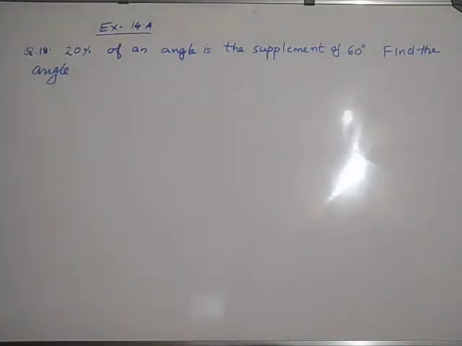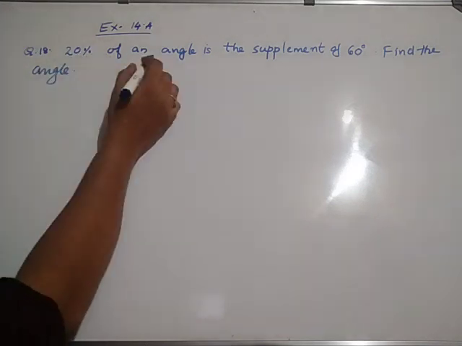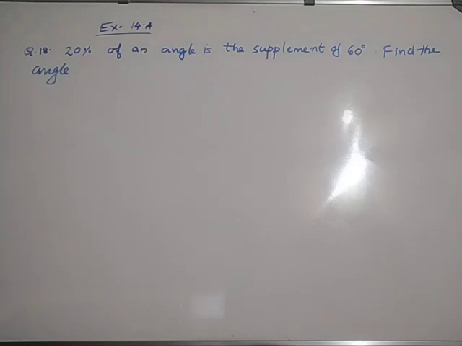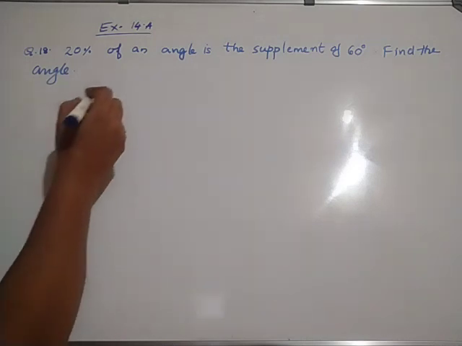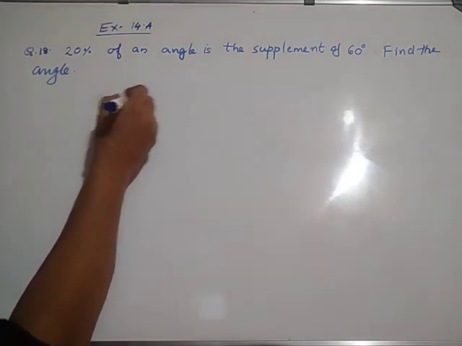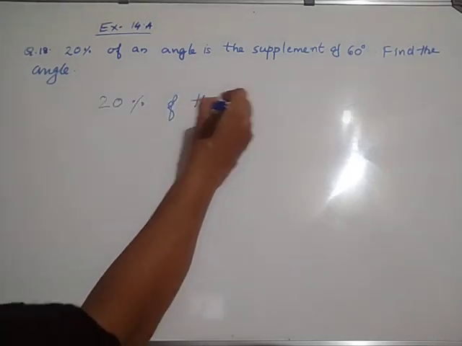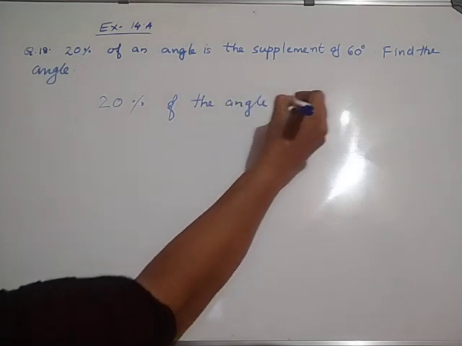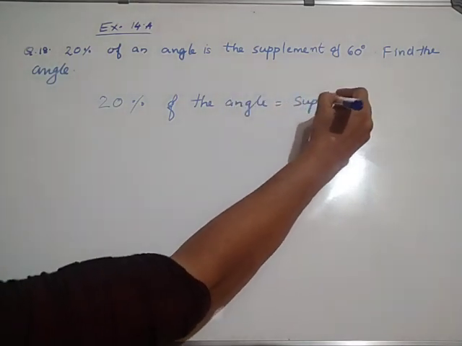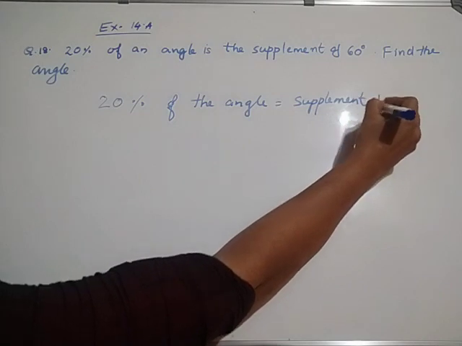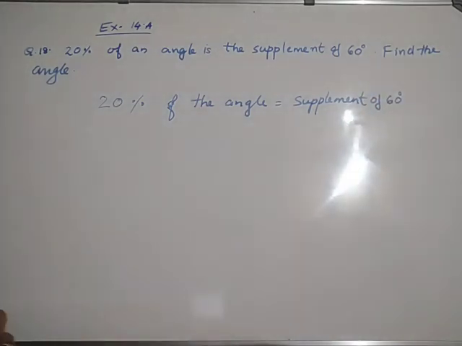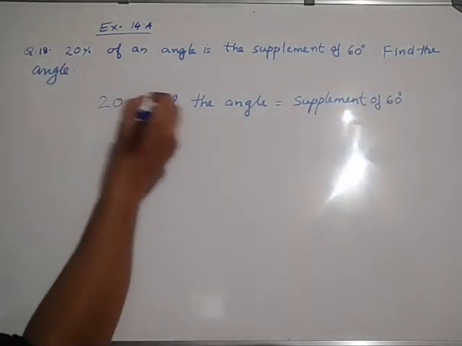20% of an angle is the supplement of 60 degrees. Find the angle. That particular angle we have to calculate. It is given that 20% of that particular angle is the supplement of 60 degrees. Let us write that condition. 20% of the angle is equal to the supplement of 60 degrees.